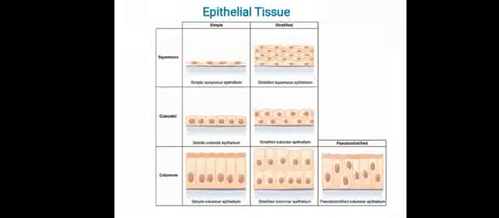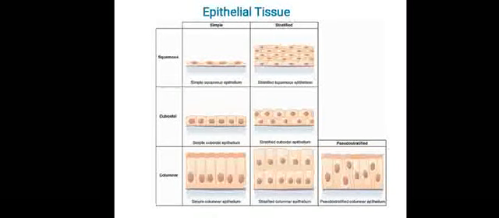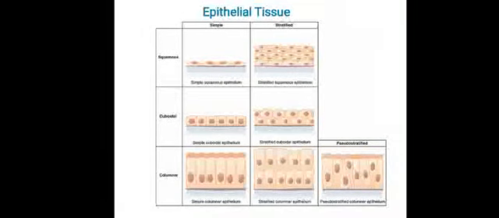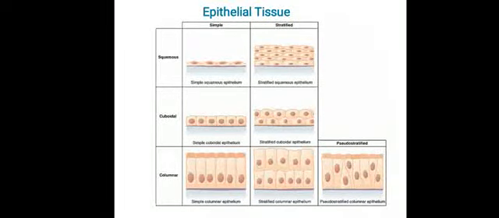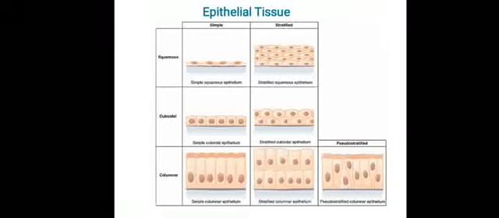So we have four principal types of tissues. The first one is epithelial tissue.